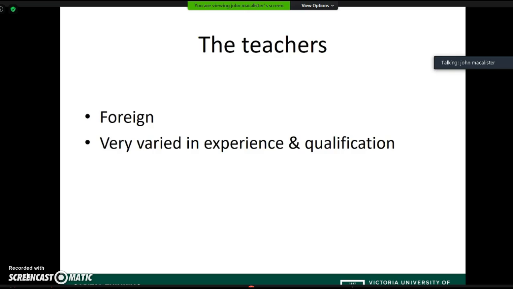But I had no control over that. I had been hoping that they would be Arabic speakers, because obviously if you're teaching beginners, you need to be able to use the first language in the classroom in a monolingual situation like this. But only one of these was a native Arabic speaker. So that was slightly disappointing.